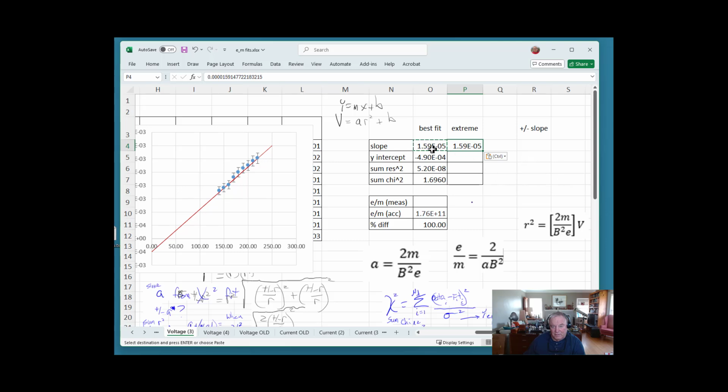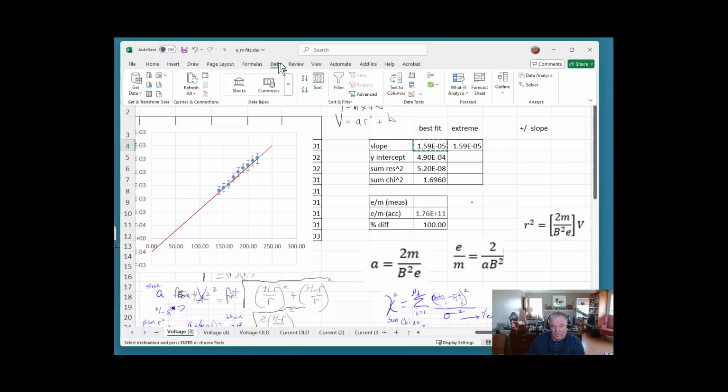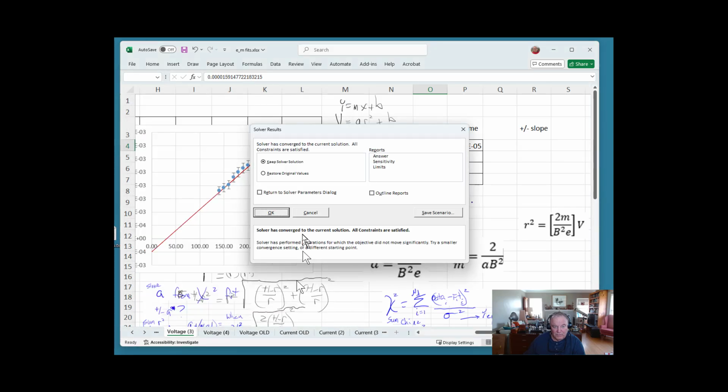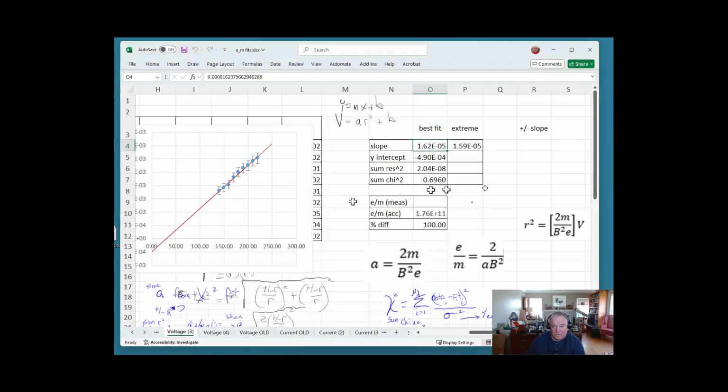And now we need to get back the original. So I want to go to solver again. And all I want to do is change this to minimum. Solve. And there it is.